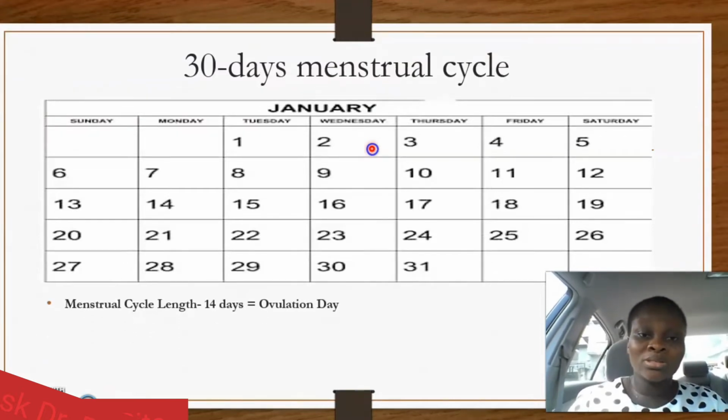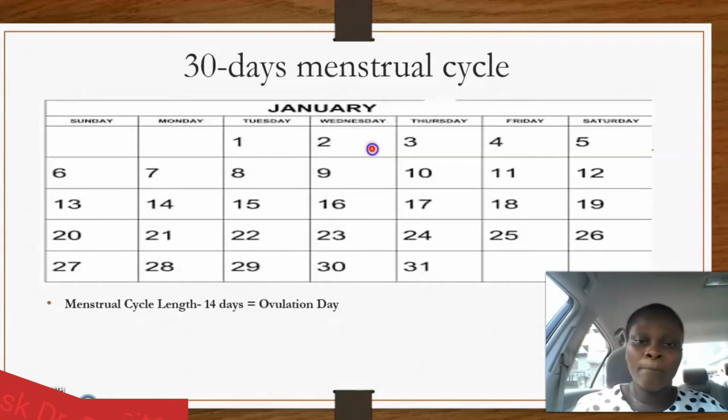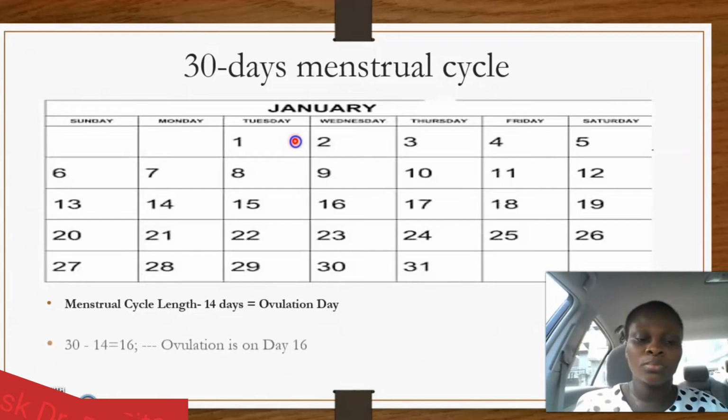Let's go to some practical examples. Assuming your menstrual cycle length is 30 days, meaning the first day of one cycle to the first day of the next cycle is 30 days. How then can you calculate your ovulation day? Using this formula, menstrual cycle length minus 14 days equals ovulation.